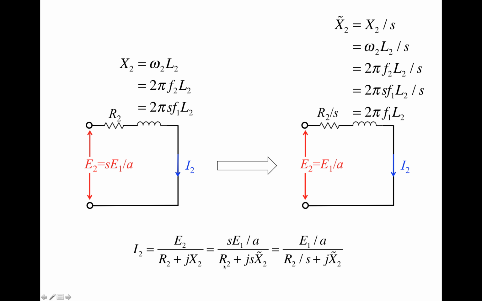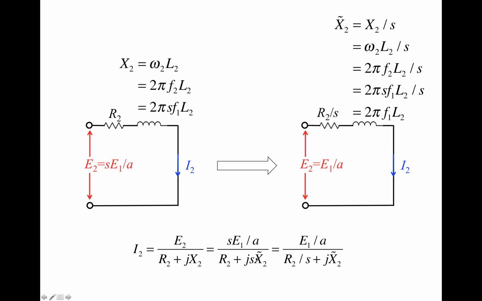Suppose X2 can be replaced with something else: the slip S times X2 wiggle. Suppose we can replace the reactance X2 with slip S multiplying a different reactance, X2 wiggle.